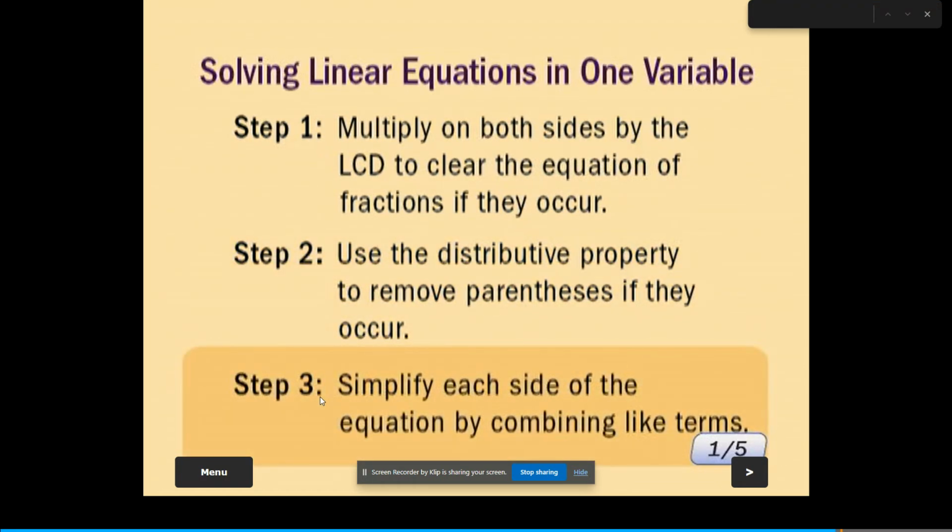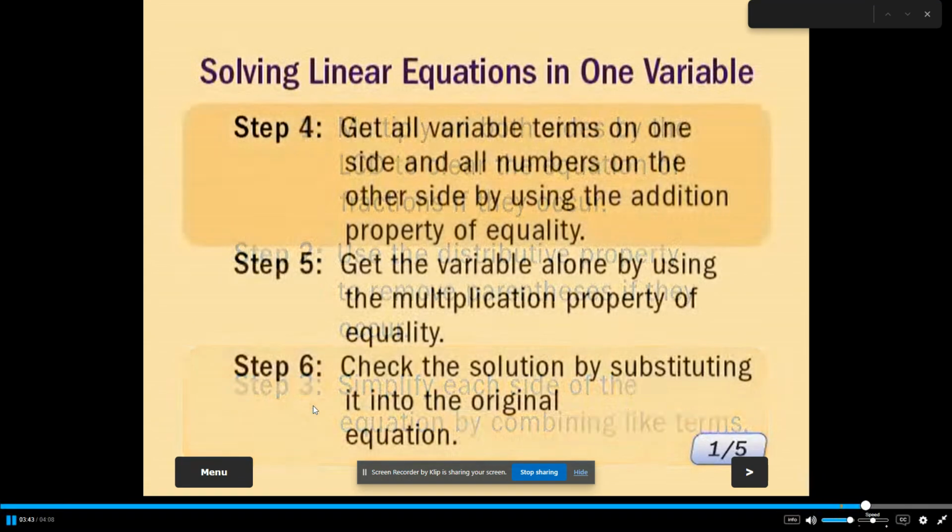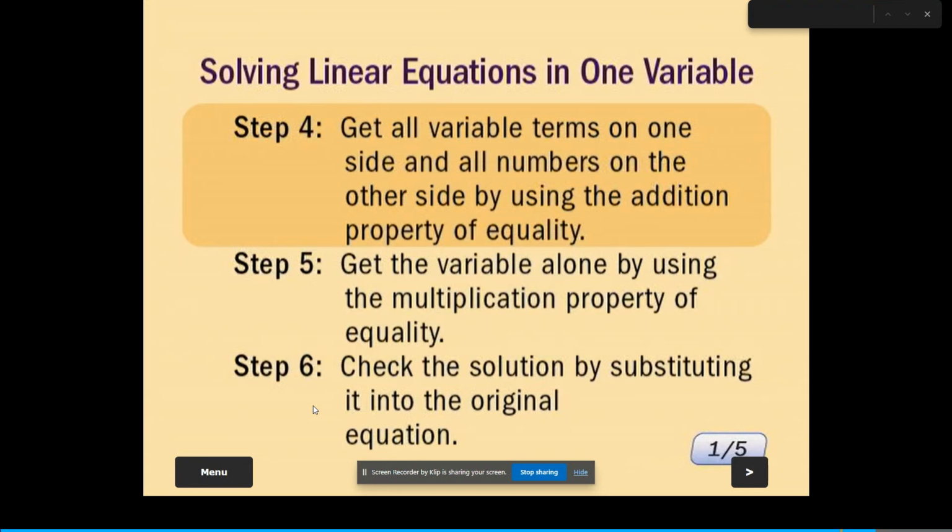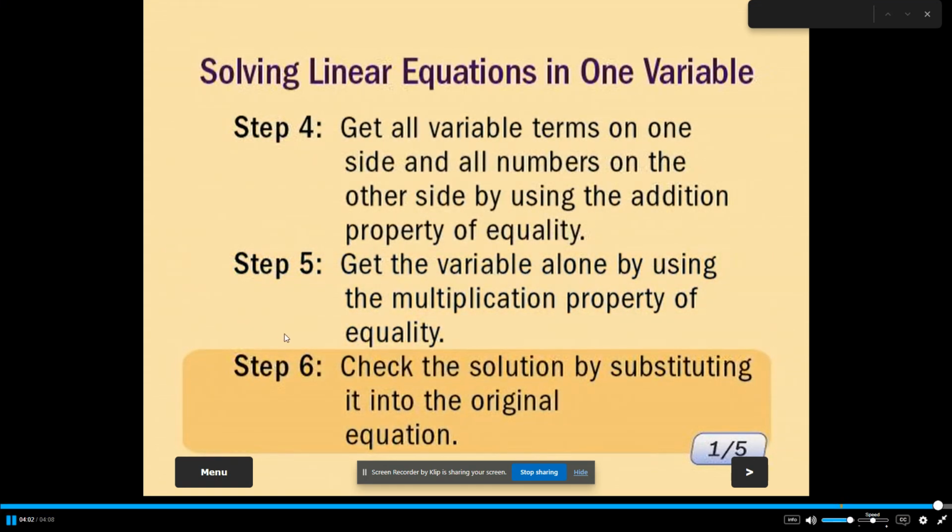Step 3, simplify each side of the equation by combining like terms. Step 4, get all variable terms on one side and all numbers on the other side by using the addition property of equality. And then step 5, get the variable alone by using the multiplication property of equality. Step 6, check the solution by substituting it into the original equation.